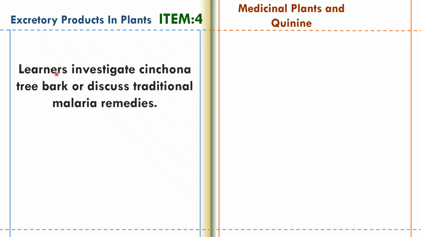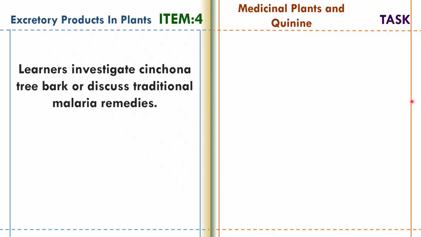Excretory products in plants. Item 4. Medicinal plants and quinine. Learners investigate cinchona tree bark or discuss traditional malaria remedies.